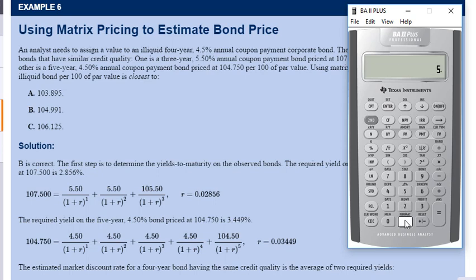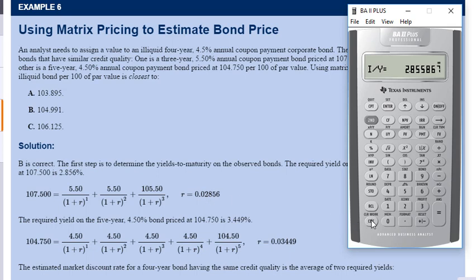So 5.5 is my payment, and N is 3. It's priced at 107.5, make that a negative on the present value, and I'm going to compute the I/Y. I've got 2.85586, so you can see that's 2.856.